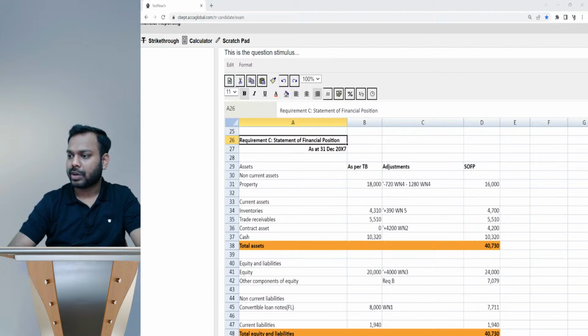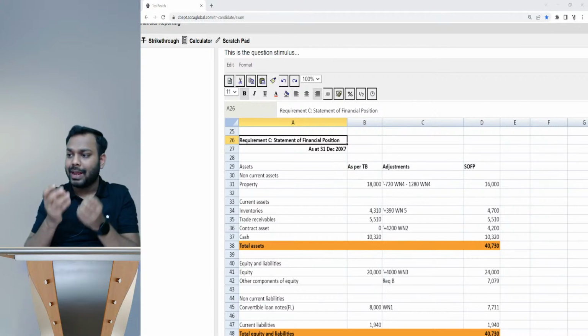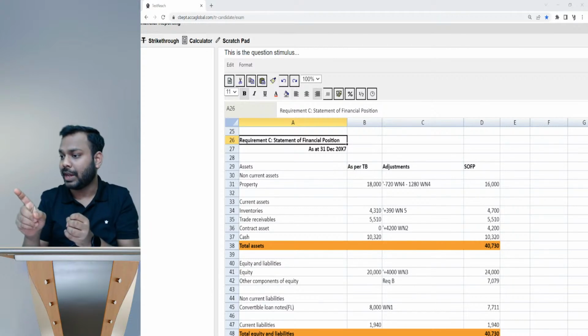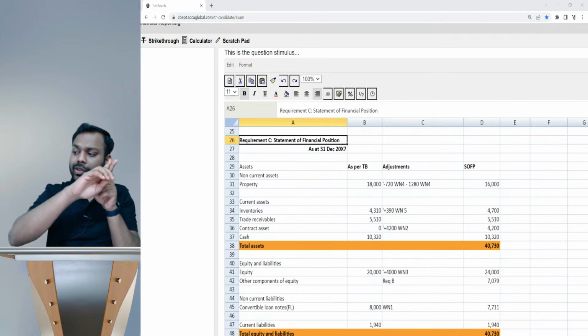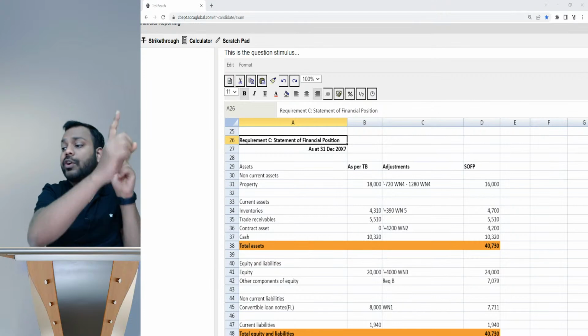If the question asks us to transfer revaluation surplus to retained earnings over a period of time, do we deduct retained earnings from the calculation of OCI? No, see, it is about the creation of revaluation surplus that we take to OCI. Once the revaluation surplus is transferred to retained earnings, it is directly an equity to equity movement.